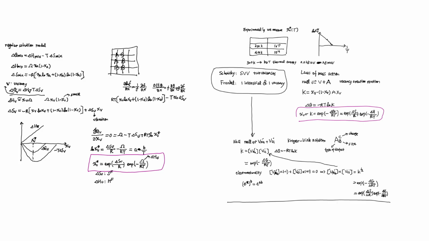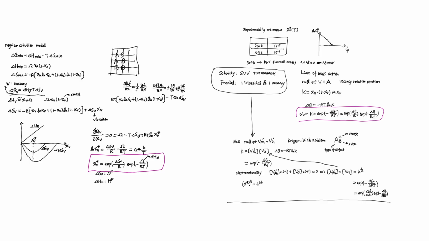basically we have the same term, Ω X_A (1 − X_A). But now A is vacancy, so X_A is basically X_V. If we have just a little bit of vacancy, you saw the numbers, right? Even at melting temperature, it's 10 to the minus 3, 10 to the minus 4, so it's a very small number compared with 1.